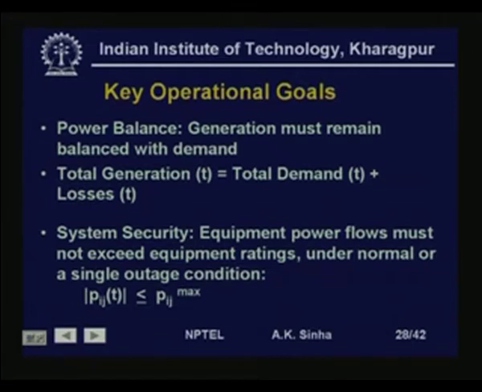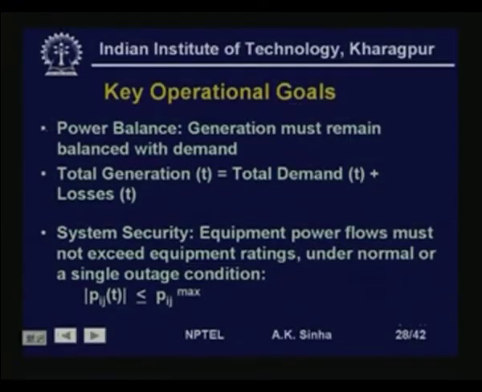Next part is system security. Now, equipment may go out, there may be faults in the system, and therefore, what we have to see is that even under conditions of fault, the system that we are running should be able to provide power to all the consumers without any drop in the quality, that is frequency and voltage of the supply.